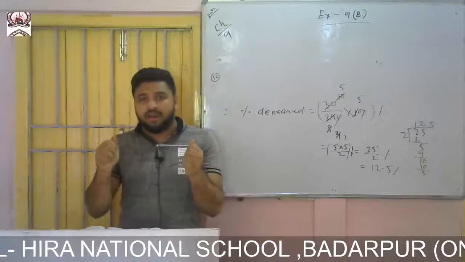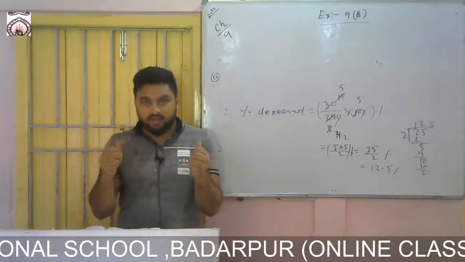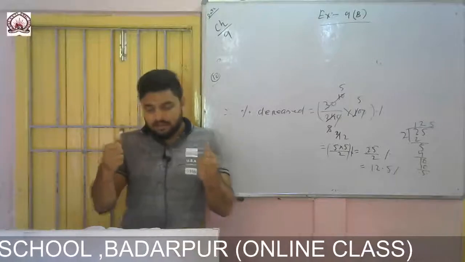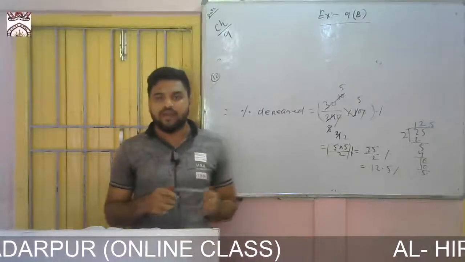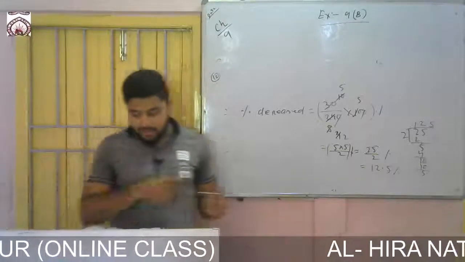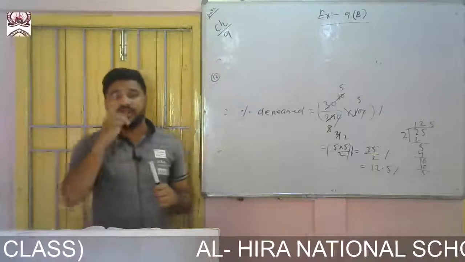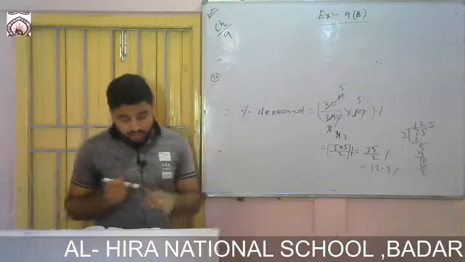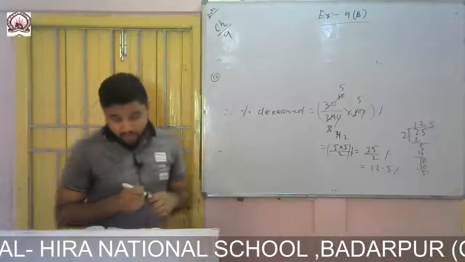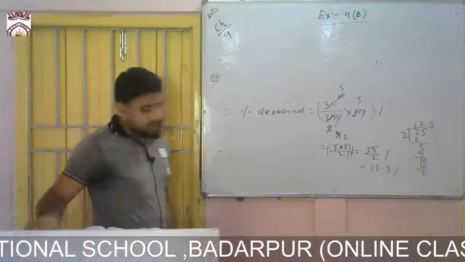So the new length, whatever new length I shall get after increasing 10%, that is what we need to find. And it is given in the question. So first you write: original length was 4 meter, because it is given a length of 4 meter. So write question number 12.